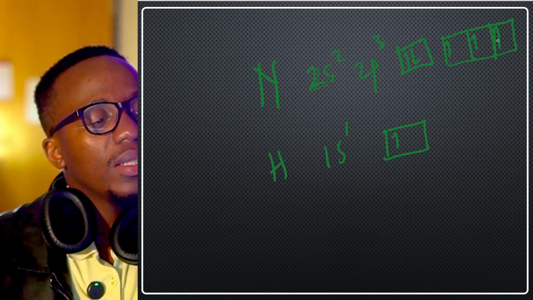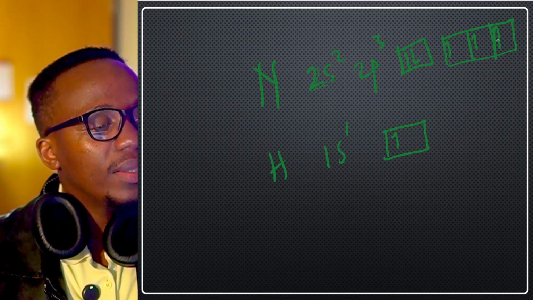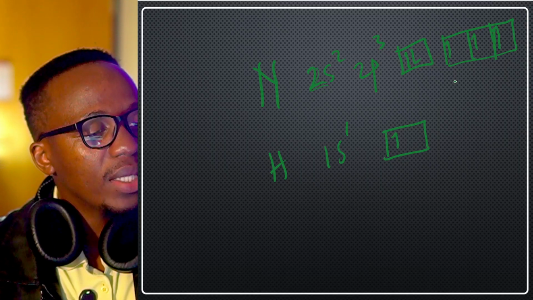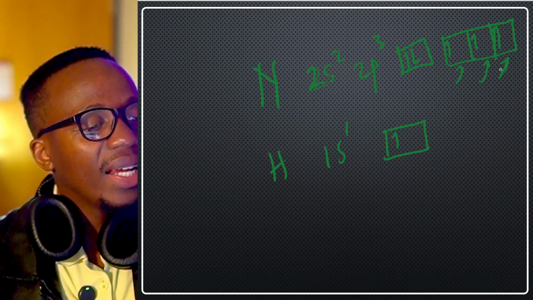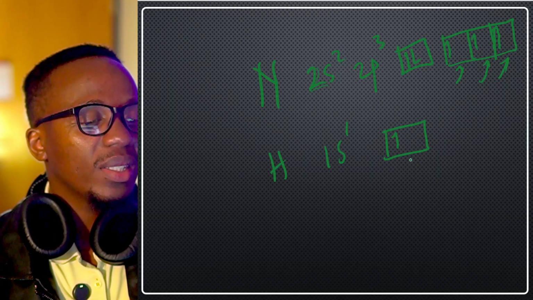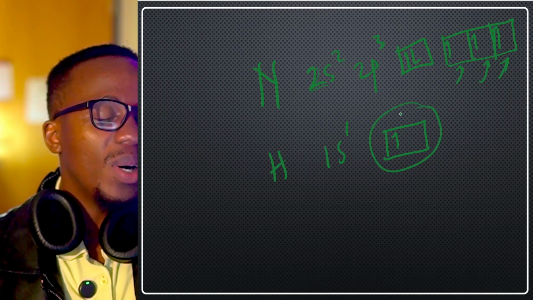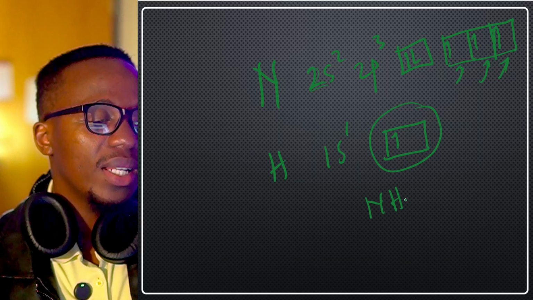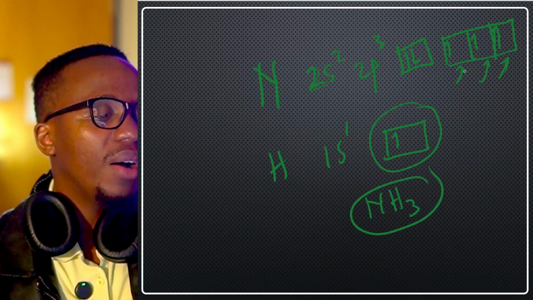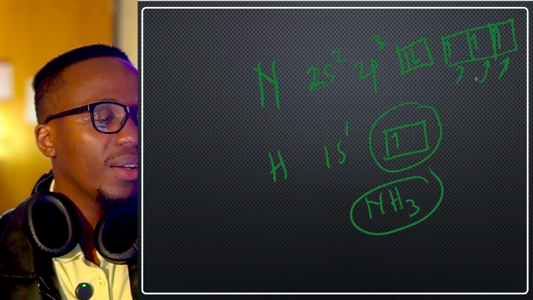So with that, I want you to realize that this orbital has 3 empty spaces. And guess what goes into the 3 empty spaces? These single ones, right? That's why you have NH3, because you have 3 spaces here that go here.